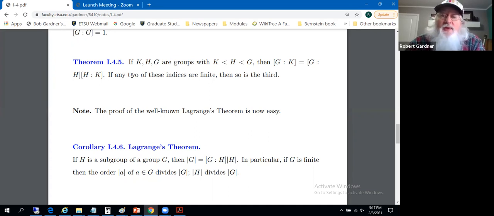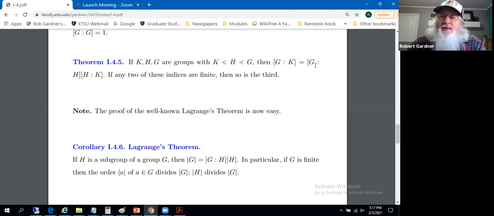When we go through the proof of this, we're going to see some ordered pairs of indices, and the cardinality of those indexing sets will reflect the cardinality of these indexes. If any two of these indices are finite, so is the third.